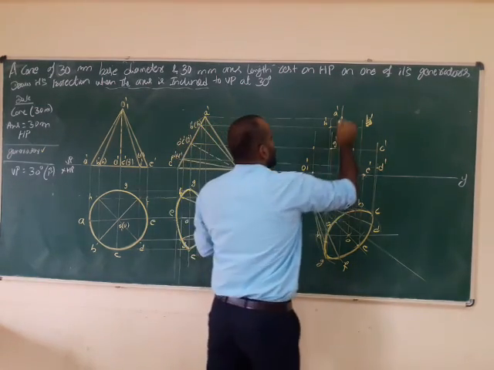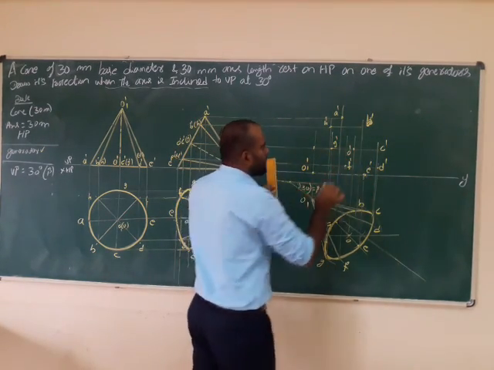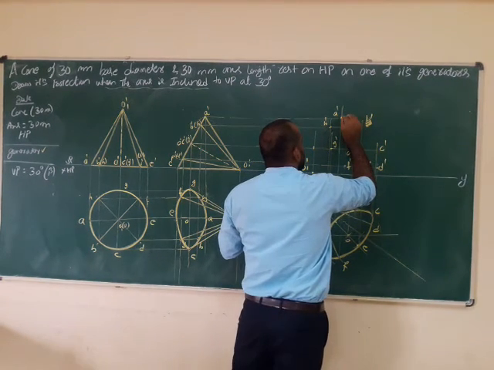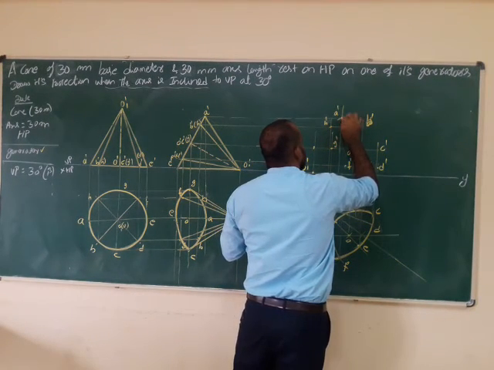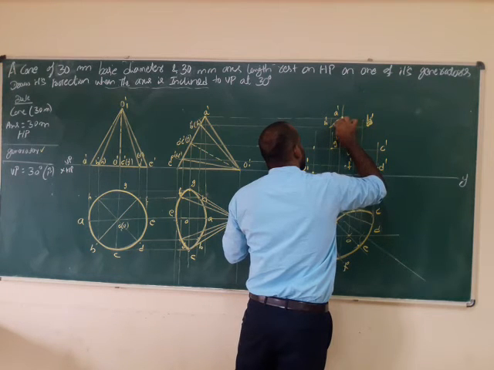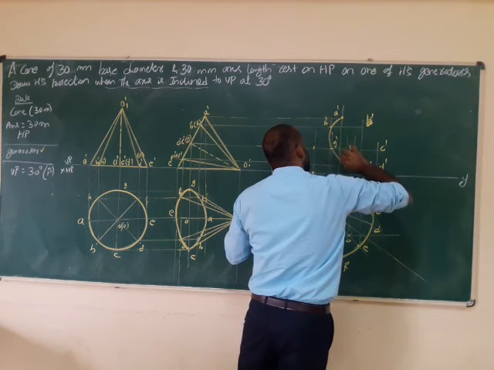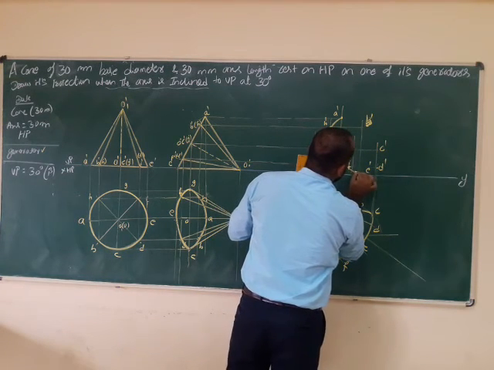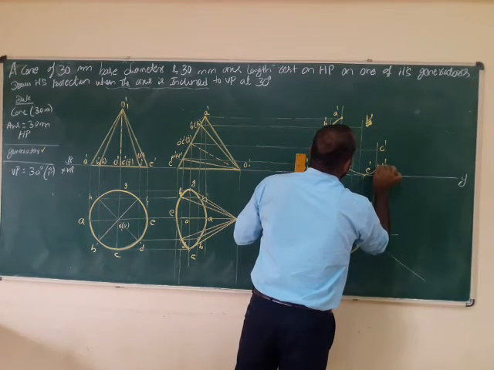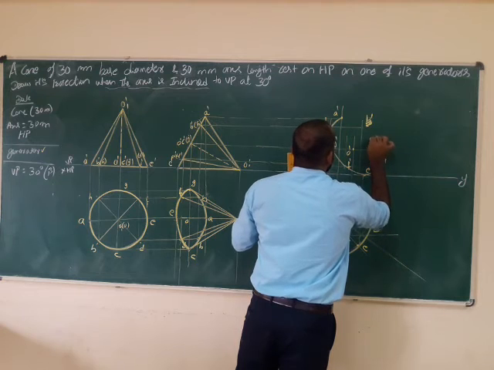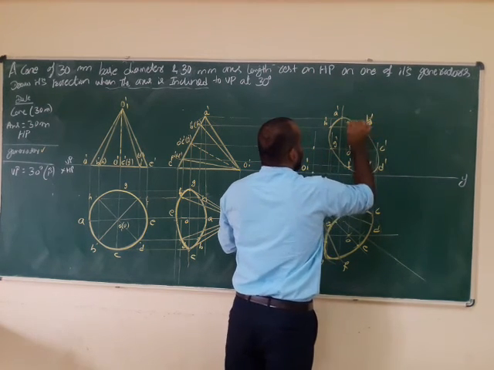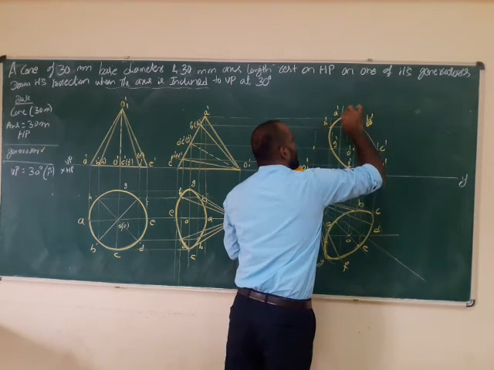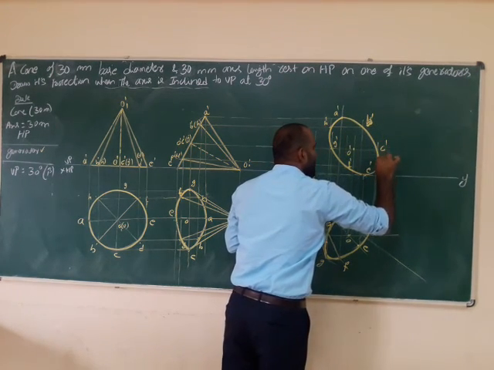First you have to write one ellipse, A to B, B to C and C to D. Freehand sketch you have to draw.